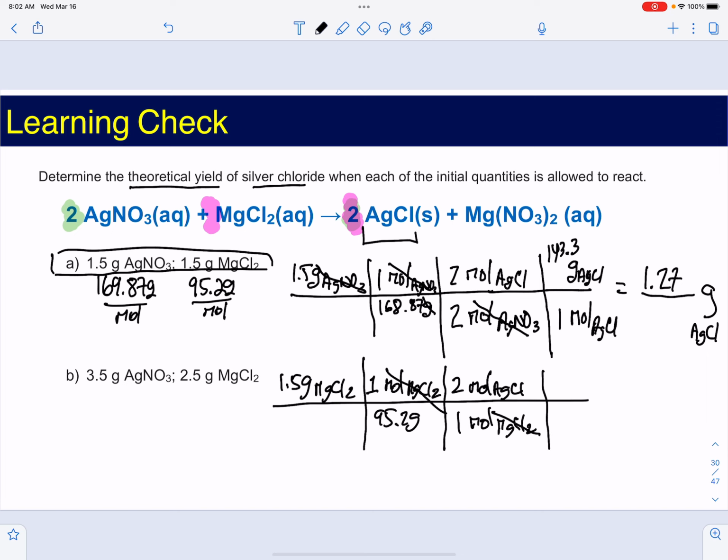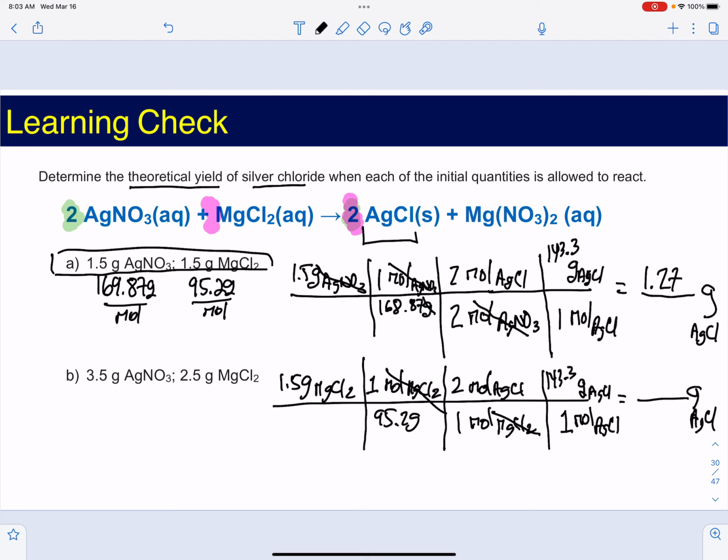But we don't want the moles of silver chloride, we want the grams of silver chloride. And we know that 1 mole of silver chloride equals 143.3 grams. So this gives us the grams of silver chloride that will be produced, in theory, if magnesium chloride was the limiting reactant.